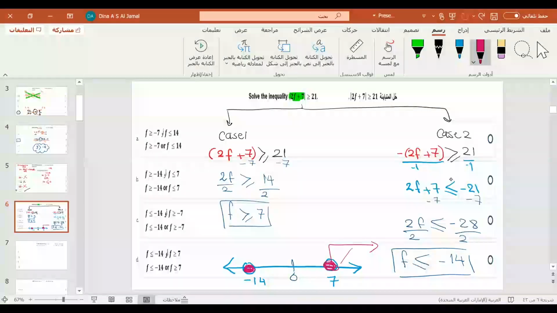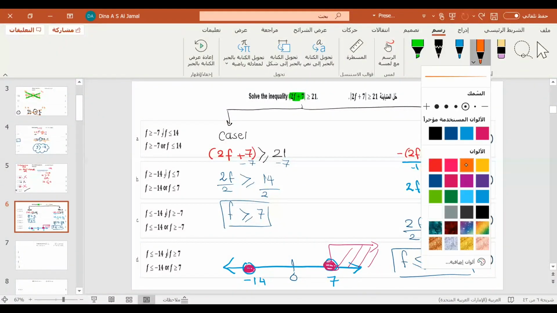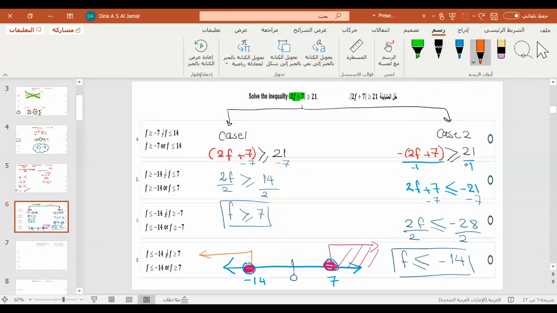That means you will go to the right. Ask yourself, what are the values less than minus 14? That means to the left. And there is no intersection. That means I will be using OR. So your answer, I would like to have f less than or equal minus 14, or f bigger or equal 7. This is your answer. That's it.